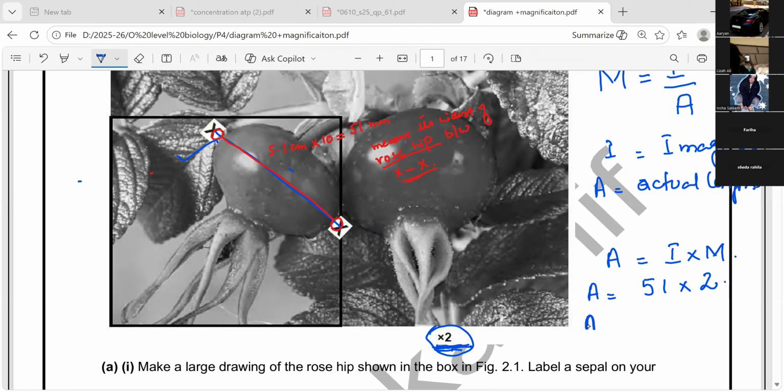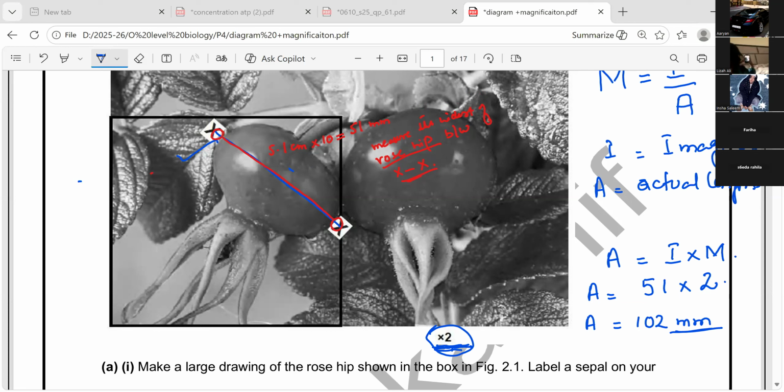So the actual length is 51 times 2, which is 102 millimeter. We need to write down the unit. If you forget to mention the unit, then you will lose 1 mark. Always remember that for each and every calculation, you need to write down the unit.